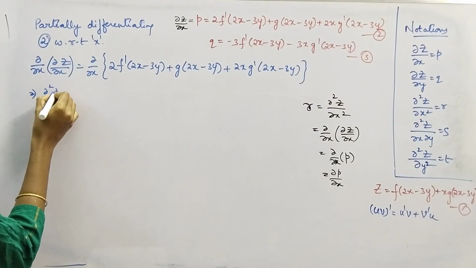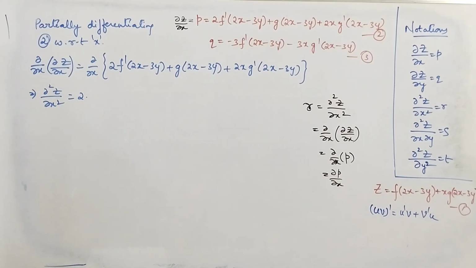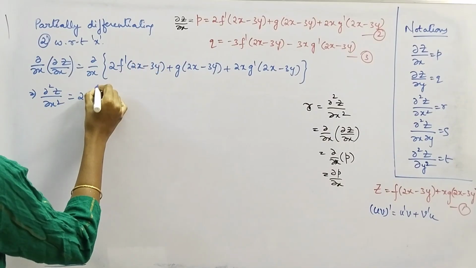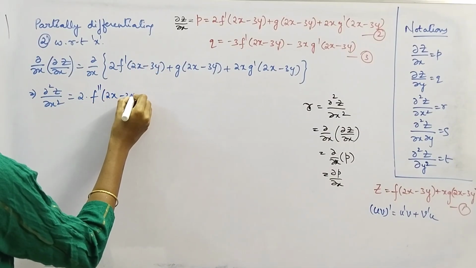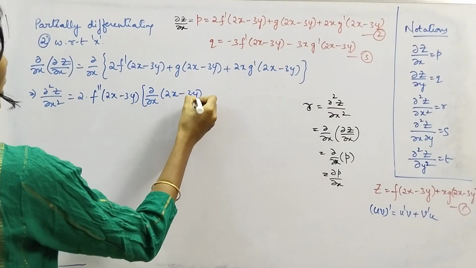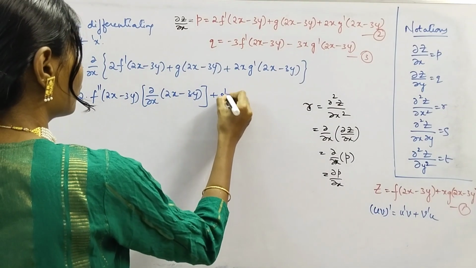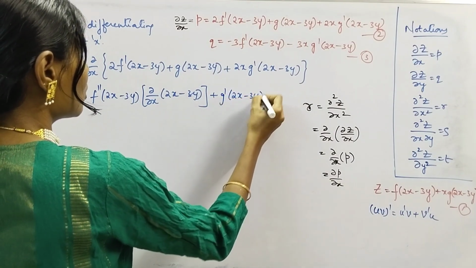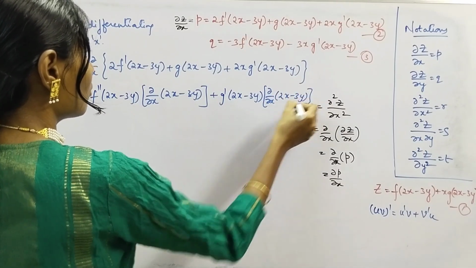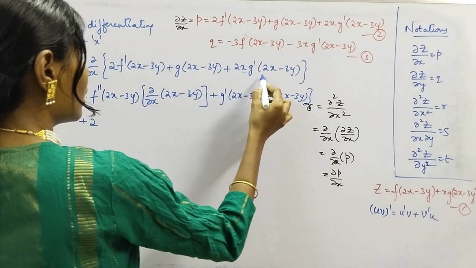This gives us ∂²z/∂x² equal to 2 into, here we are partially differentiating with respect to x, so we'll treat y as constant, and this gives us the partial derivative of f' is f'' of 2x minus 3y into the inner derivative, that is ∂/∂x of 2x minus 3y, plus the partial derivative of g of 2x minus 3y is g' of 2x minus 3y into the inner derivative, that is ∂/∂x of 2x minus 3y, plus 2 into, here you have x and g', right?